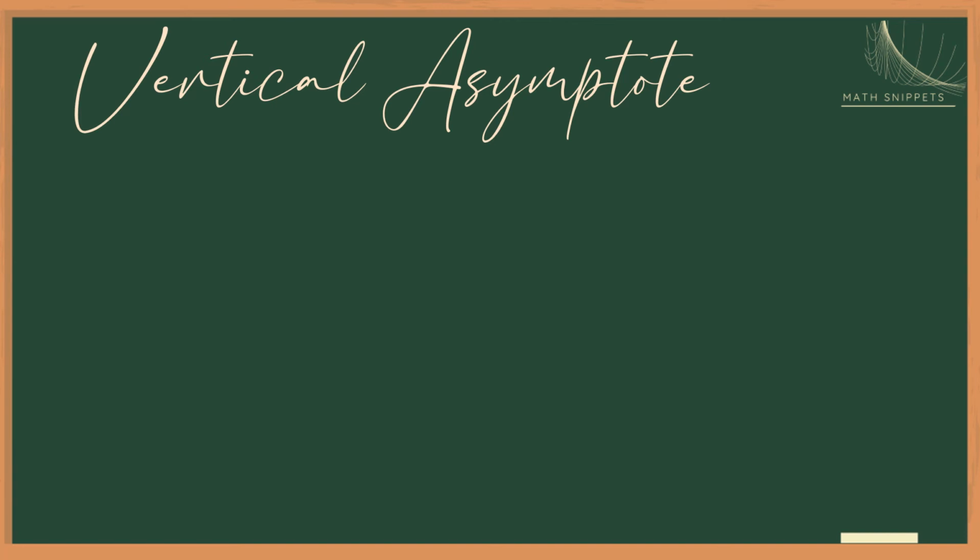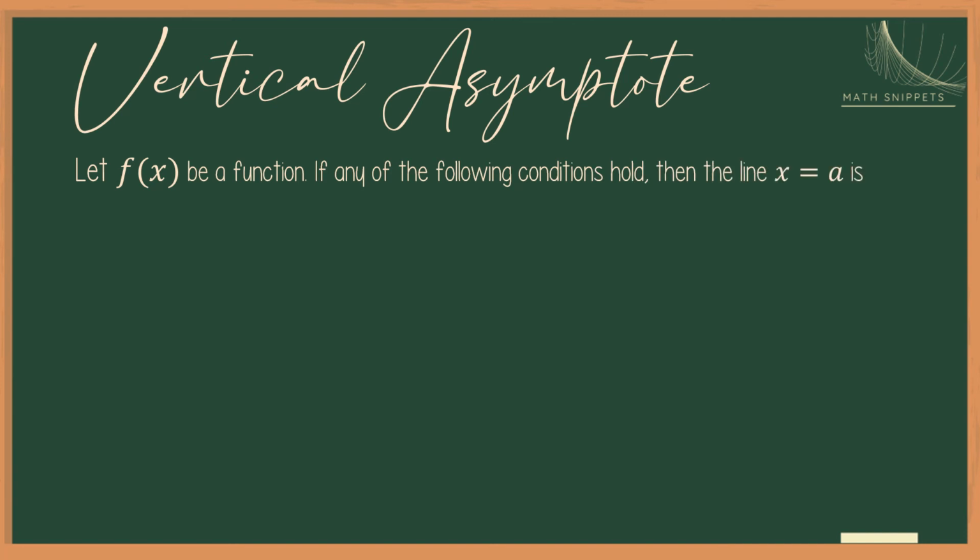So mathematically, we define a vertical asymptote as follows. Suppose we have a function f, and if any of the following conditions holds, then we say that x equals a is a vertical asymptote. So first, when the limit of f of x as x approaches a from the left is positive infinity, we have x equals a as a vertical asymptote.